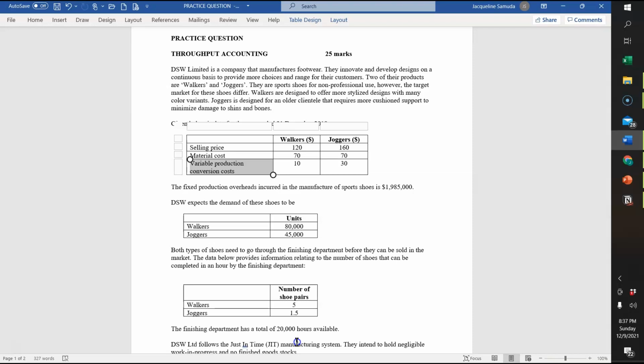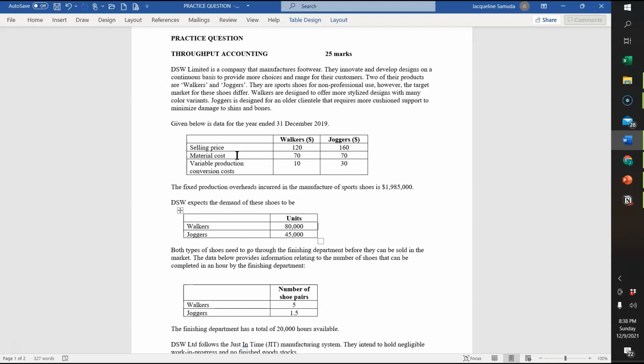So the formula for the TPAR based on the slide is the throughput per hour divided by the factory cost per hour. The throughput per hour divided by the factory cost per hour. So it means, therefore, that when we are calculating our numerator or our top figure in the TPAR calculations, we are going to need to subtract these two figures, the selling price and the material cost, as part of the TPAR computation.